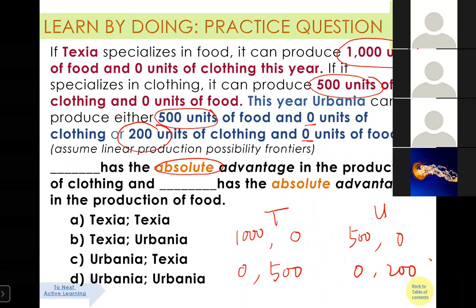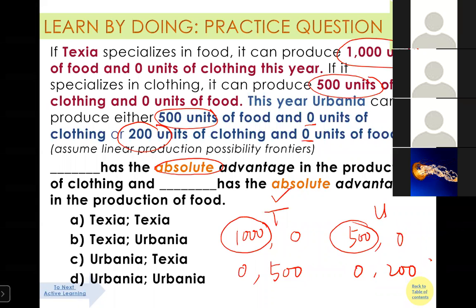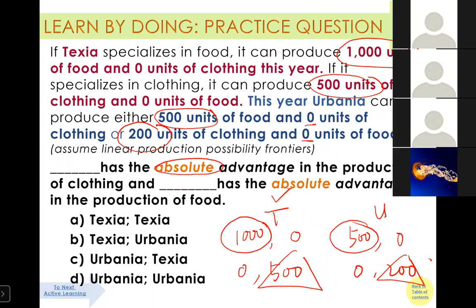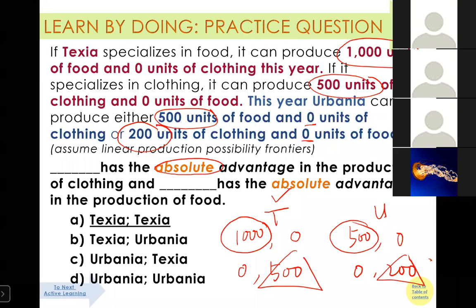Right? And who has absolute advantage in producing clothing? Apparently, Texia, because it produces 500 versus 200. And Texia also has absolute advantage in producing food, because 1,000 is greater than 500. So the answer is A.